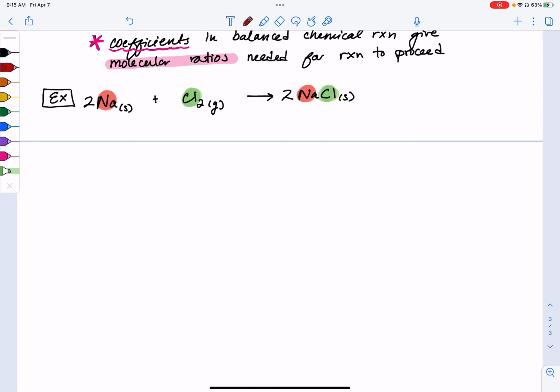So this is saying that I need 2 atoms of solid sodium to come together with 1 molecule of chlorine that contains 2 chlorine atoms to create then 2 molecules of sodium chloride.